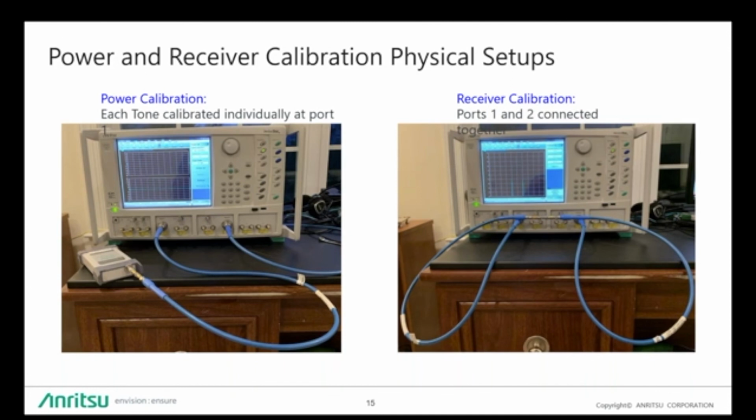So once you do the power cal for each tone, you connect the two ports together using a female adapter, in this case, which we call a bullet, and then you do the receiver cal. So now the receiver has full knowledge of the power levels of each tone that are present at the output of the test port 1 cable. So these are the physical setups that are actually used for this measurement.